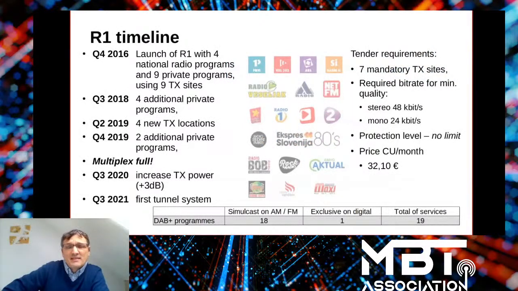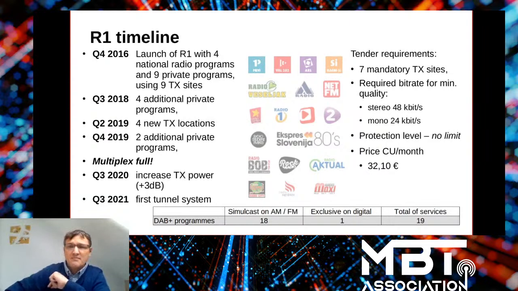So at the start, there were 4 national radio programs, our in-house programs, and 9 private stations. Maybe a short look at the tender requirements, which is very interesting. The requirements in the tender were 7 mandatory transmission sites and 7 optional.